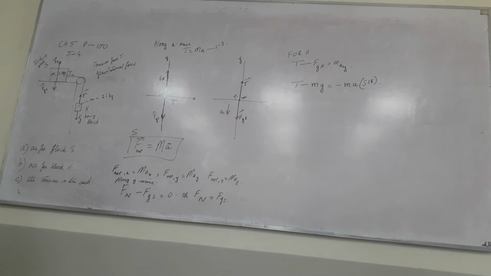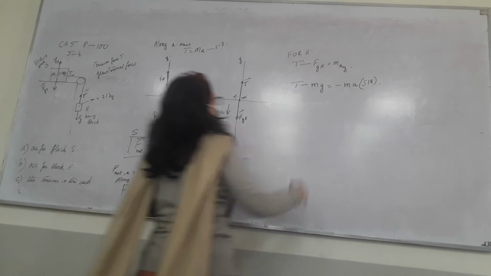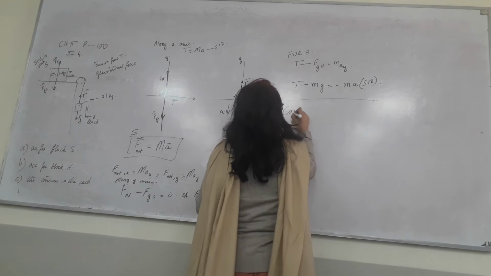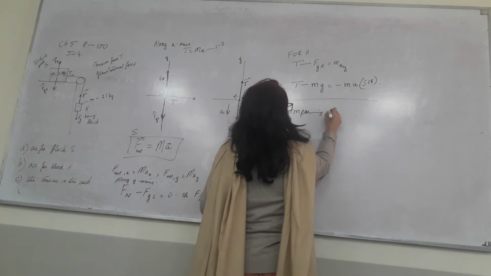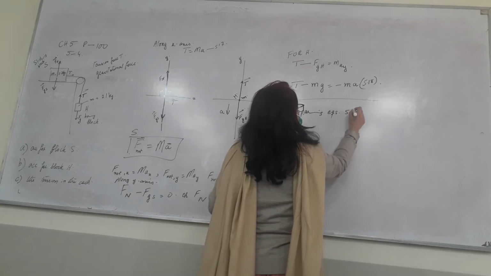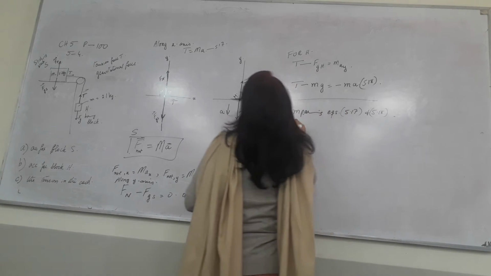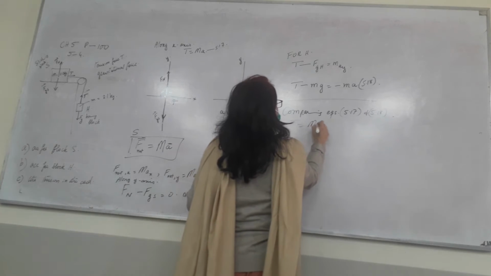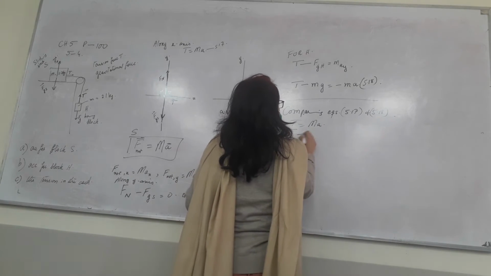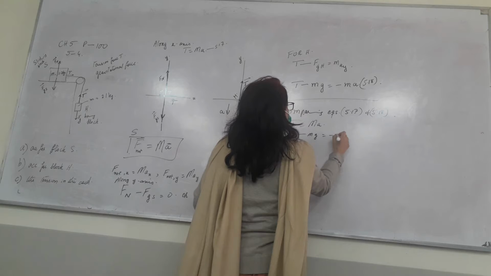I am marking the equation so that when you practice again you can understand it and relate it. So, now we have these equations 5.17 and 5.18. Let us write them together. Comparing equations 5.17 and 5.18, we have T is equal to ma and T minus mg is equal to minus ma.